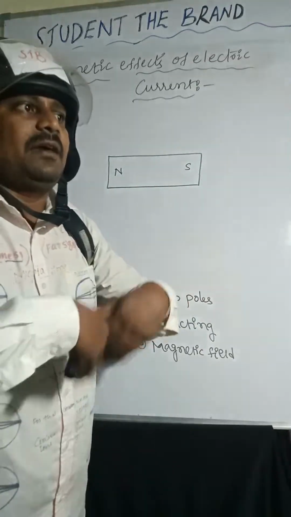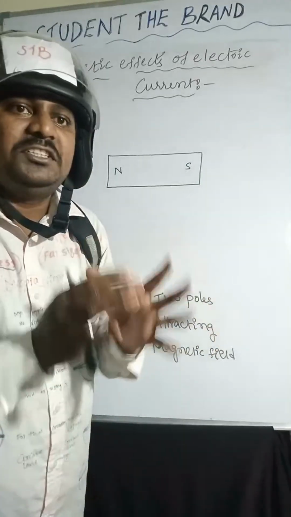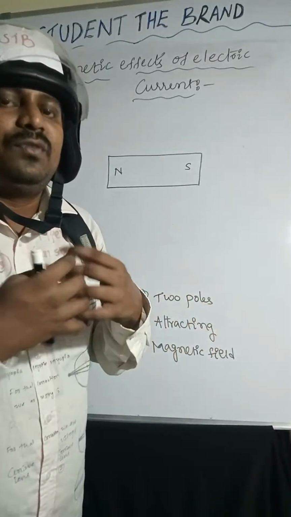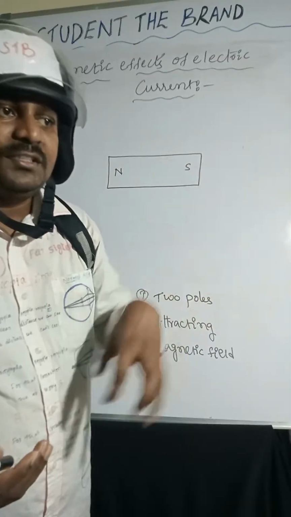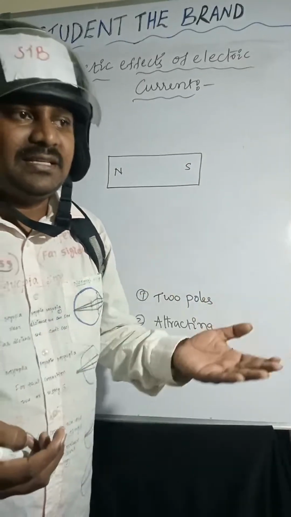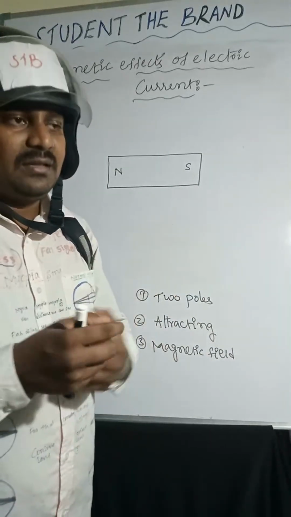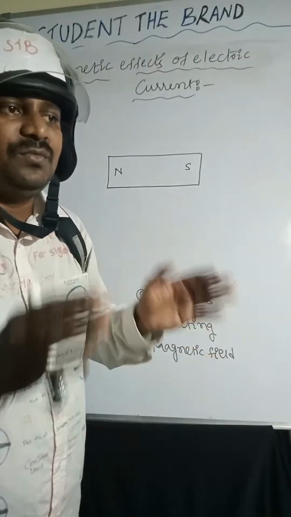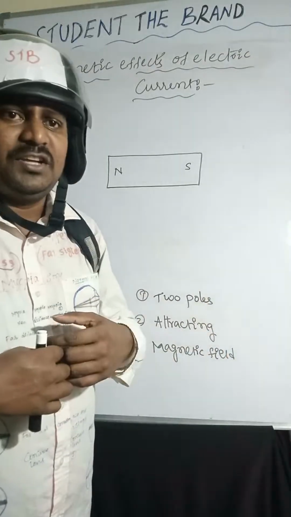The region around the magnet in which magnetic force exerts is called magnetic field. Or the space around the magnet in which its influence is felt. We can take any definition.